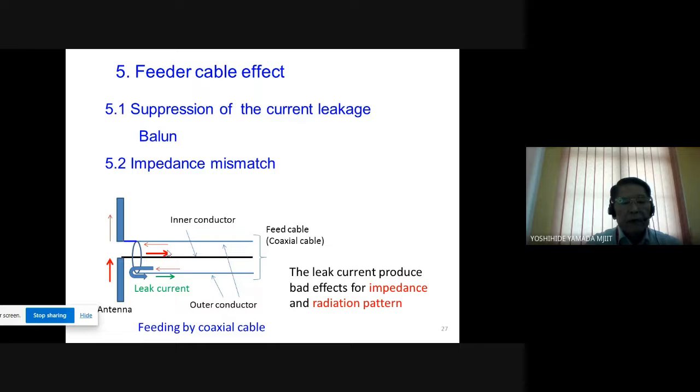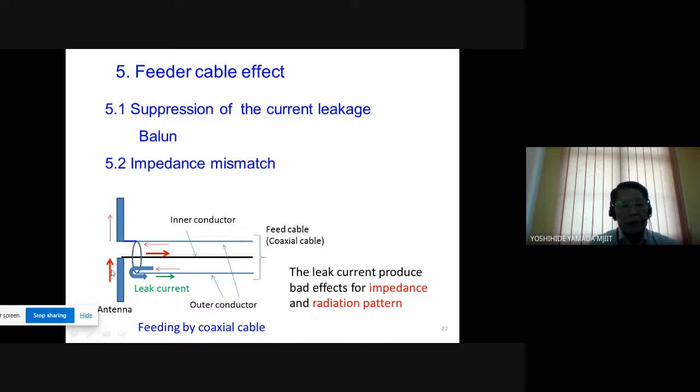At the part connected to the inner conductor, all the current flows, so the current amplitude is the same on the antenna and the inner conductor. However, at the antenna part attached to the outer conductor, only a part of the current flows on the antenna.